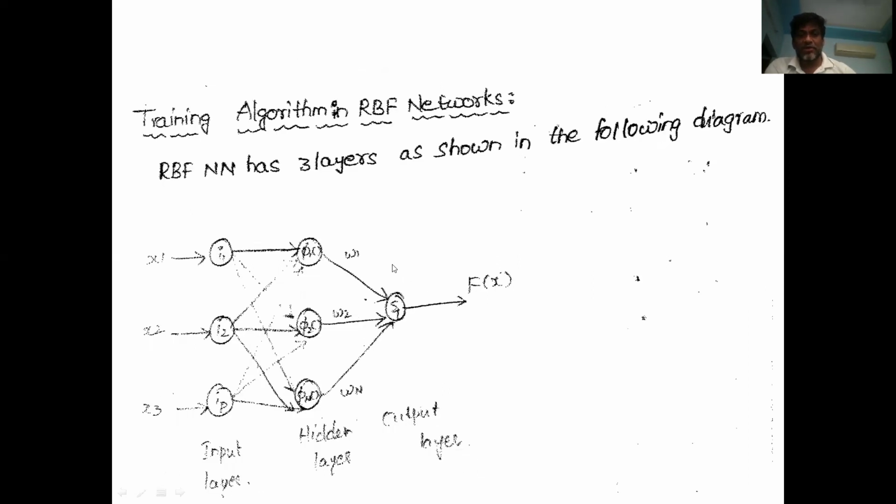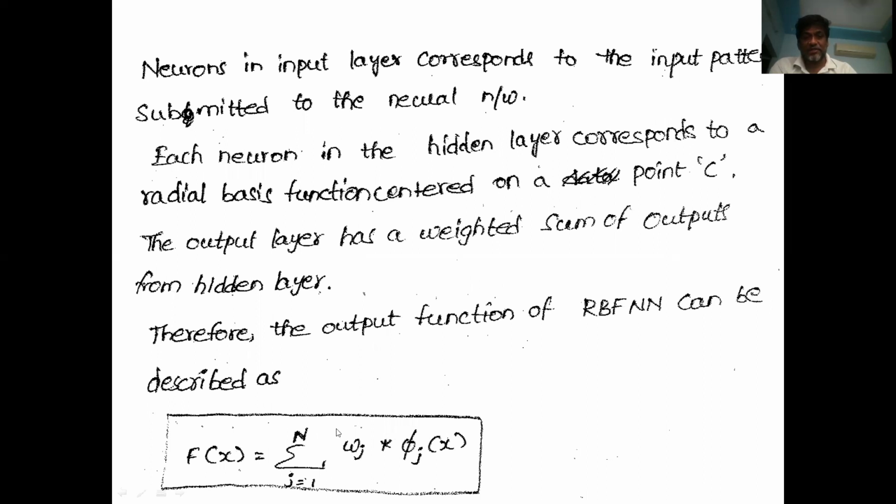So the formula is phi 1 of x into w1 plus phi 2 of x into w2, and so on, phi n of x into wn. So f of x can be defined like that. Now we know that these are the weights connected from hidden neurons to the output neuron. And what is this phi j of x and how do we define it?